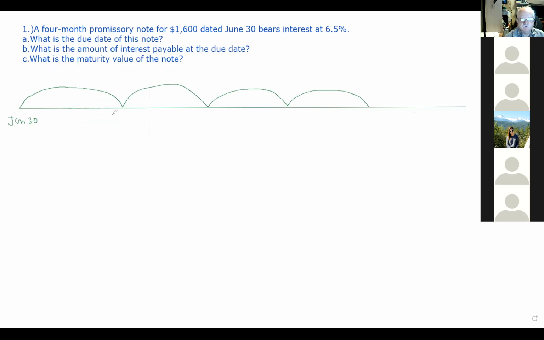So June 30th, July 30th, August 30th, September 30th, and this would be October 30th. We had to figure out how many days this was, and the amount of money borrowed was 1,600.